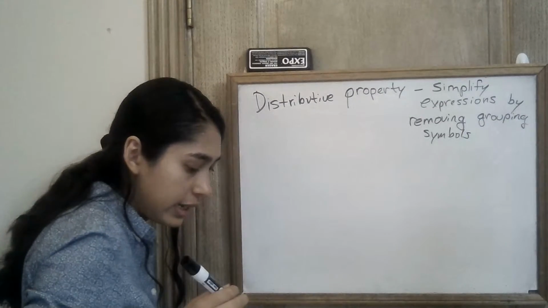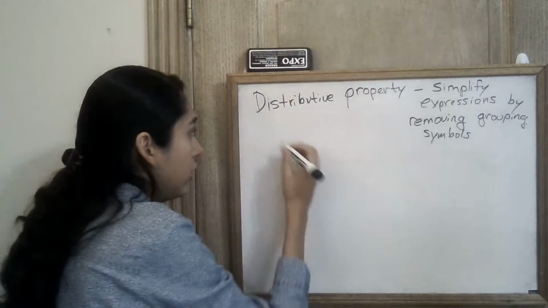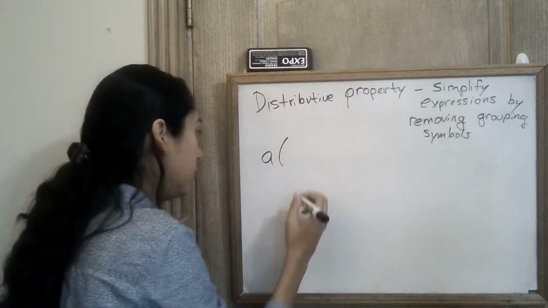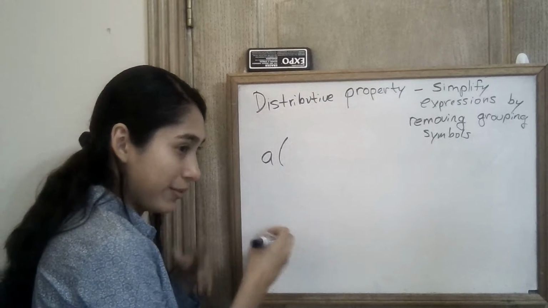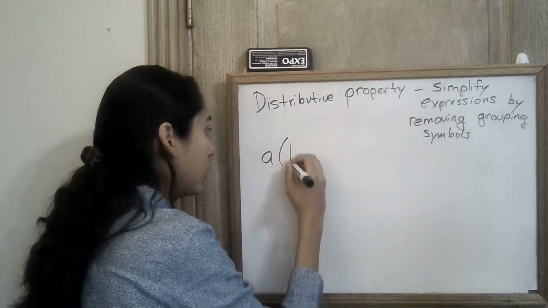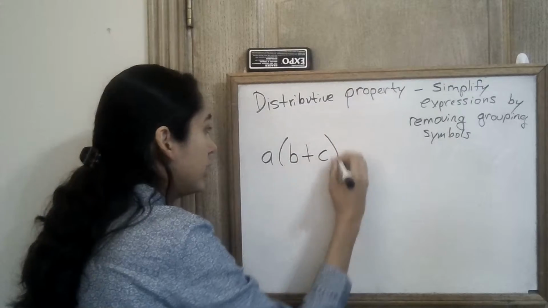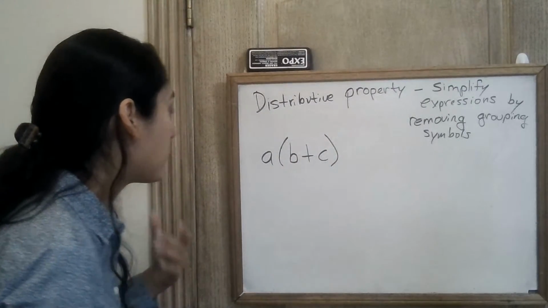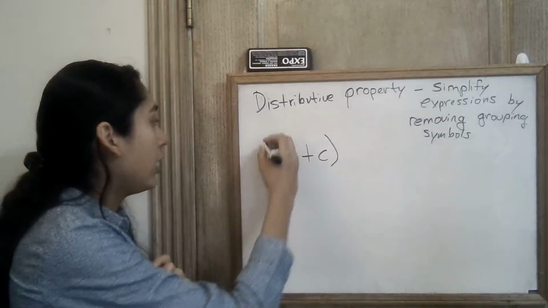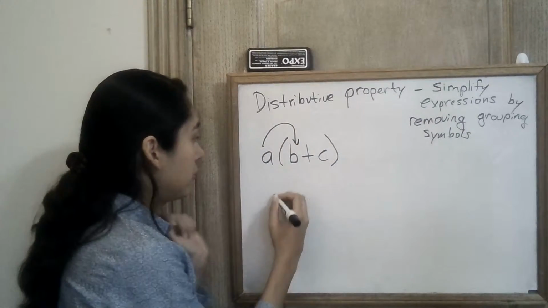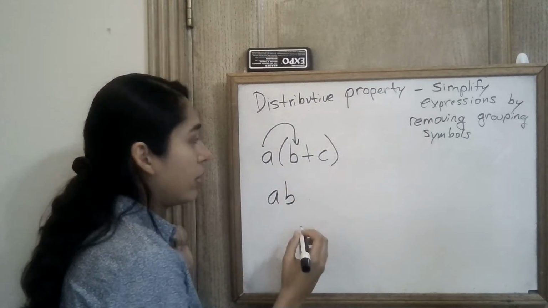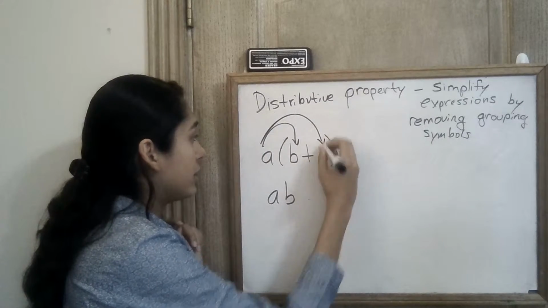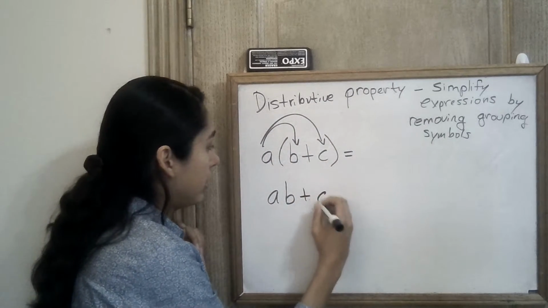Let me use an example to demonstrate. Let's say I have A times the sum of, which I'll write in parentheses, B plus C. So this is distribution. This literally means A times B is AB, and then A times C, which I'm going to add.